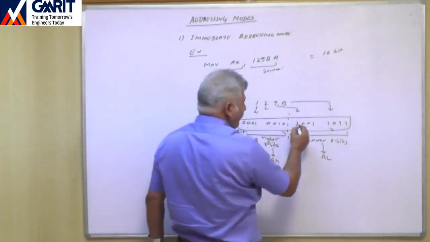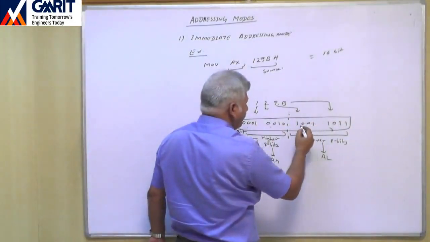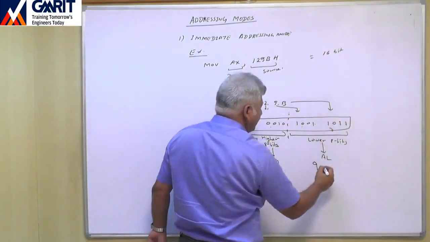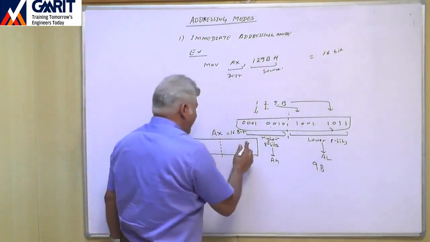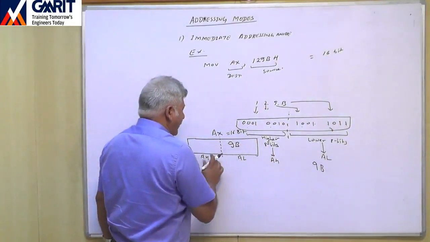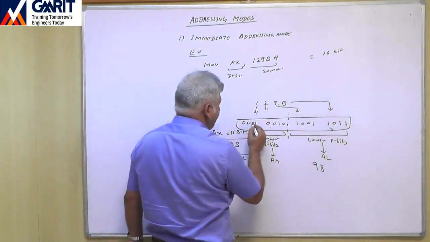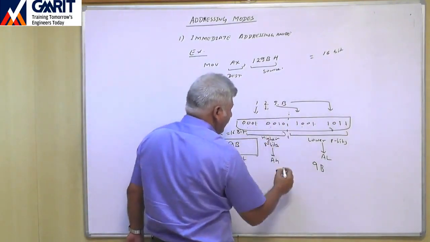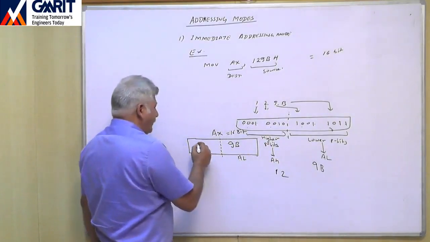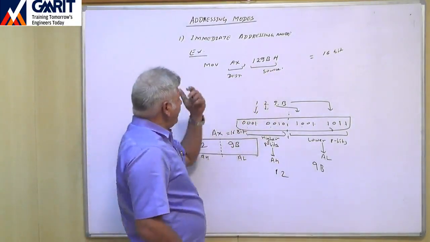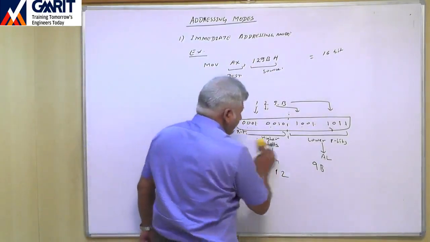So in AL we have 1001, which is 9, and 1011, which is B, so AL has 9B. In AH we have 0001, which is 1, and 0010, which is 2, so AH has 12. This is the meaning of this instruction.